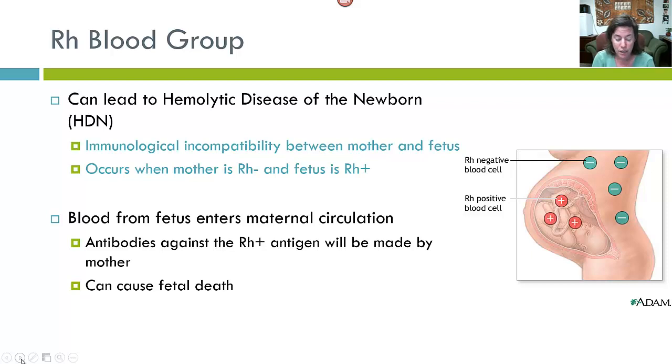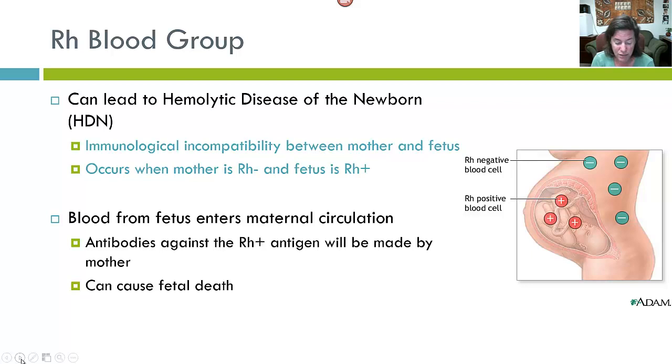The Rh blood group is of major concern because it leads to immunological incompatibility between moms and their fetuses. This is a condition known as hemolytic disease of the newborn, HDN, and it primarily occurs when the mother is Rh negative, so her body cannot produce the Rh antigen, and the fetus is Rh positive.